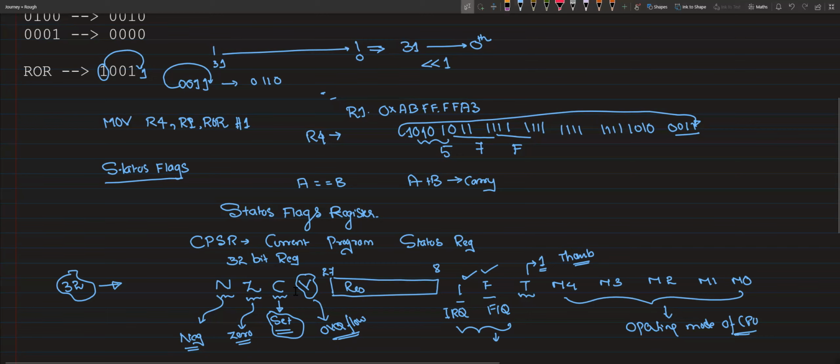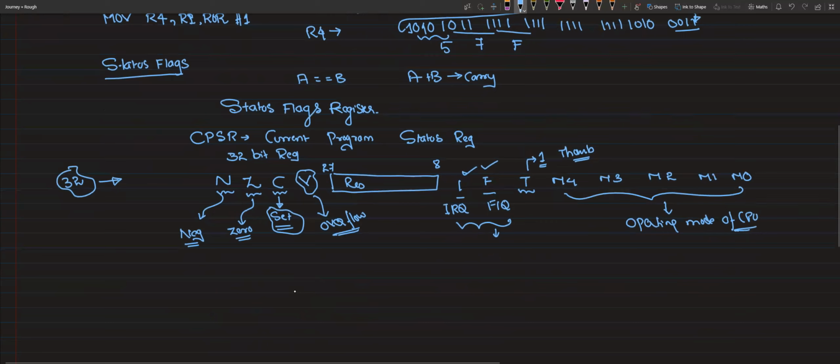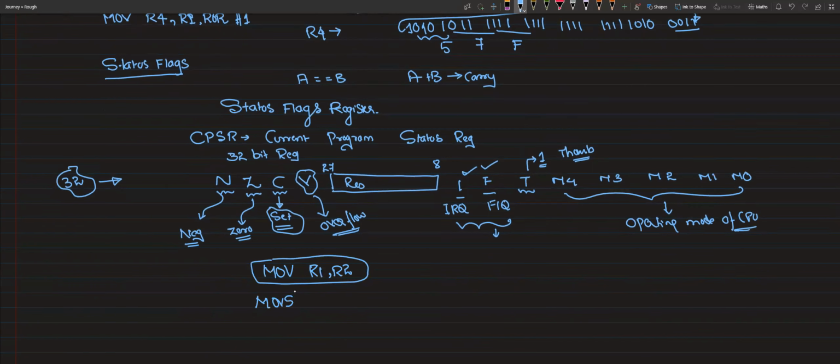So whenever you do some operation, generally, if you do an operation like MOV R1, R2, it might not update the status flag. But whenever you include the S suffix, like MOVS R0, #0, can you tell me which flag will be updated? The zero flag will be updated.